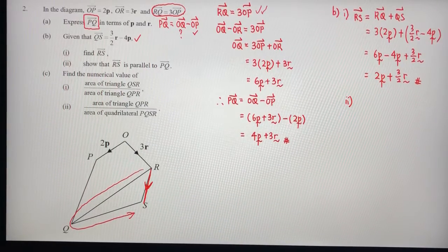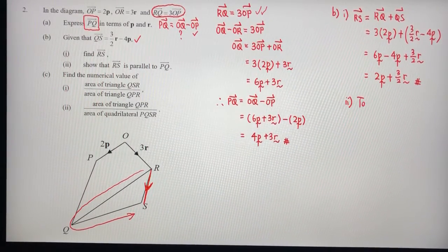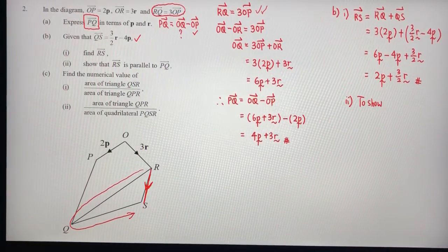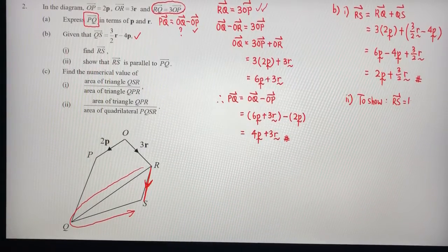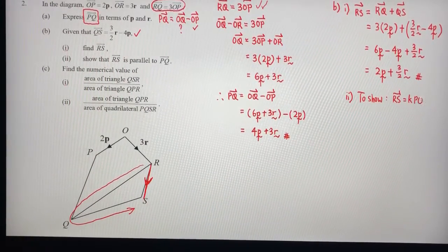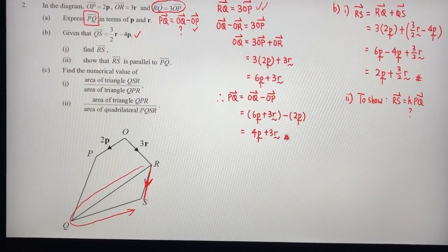Part 2 requires us to show that the vectors RS and PQ are parallel. Now again, we do know that if two vectors are parallel to each other, we should be able to express one as the scalar multiple of the other. And of course, this scalar multiple is to be found.